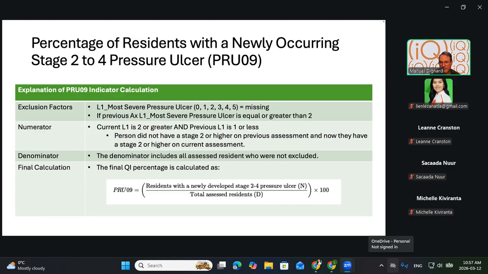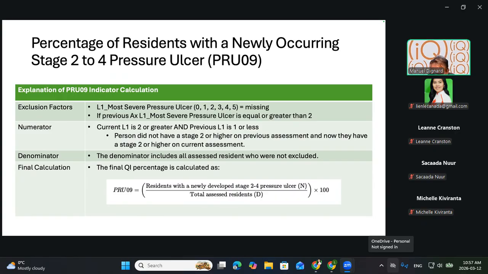Now, this one feels a little different because it uses a previous assessment, and that's intentional, right? CAHI is not measuring how fast pressure ulcers are occurring. They're asking right now how many have a stage 2 to 4 that wasn't there before. So this is a prevalence indicator, but the previous assessment is basically just a reference point, right?